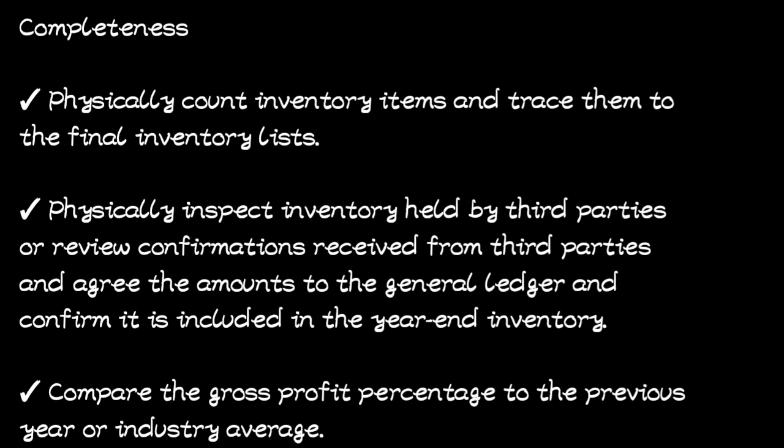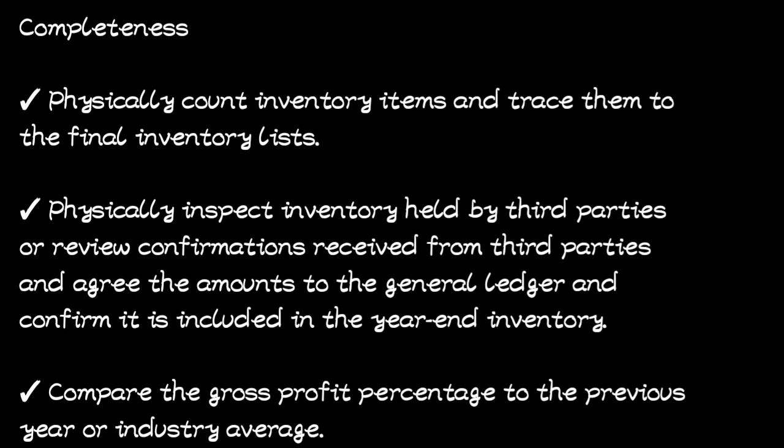And then after getting the confirmations, the auditor can agree the amounts to the general ledger and confirm it is included in the year-end inventory. So this is about consignment inventory.